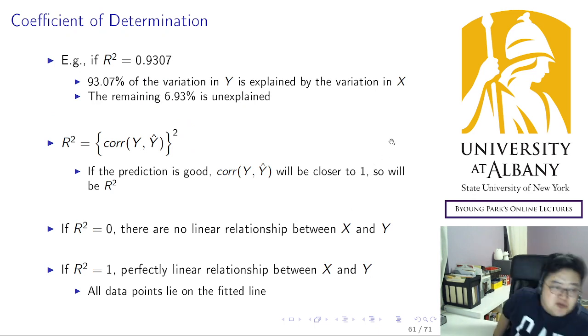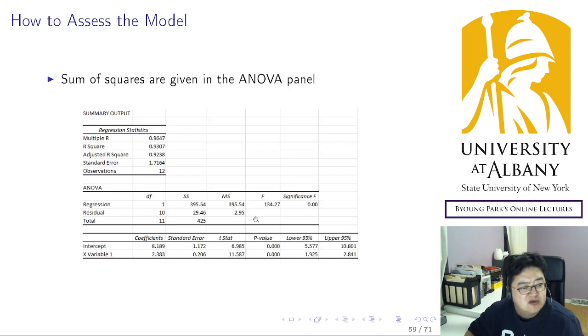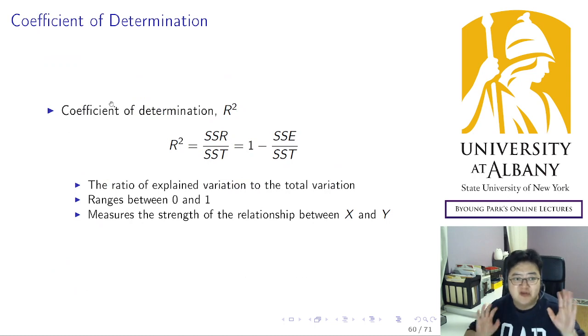So here, let's have a look at our result. R square, by the way, its formal name is coefficient of determination, but usually we call this R square. R square is more commonly used. When I talk with another economist, I say it is R square.